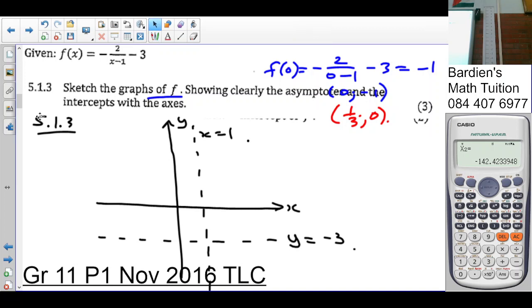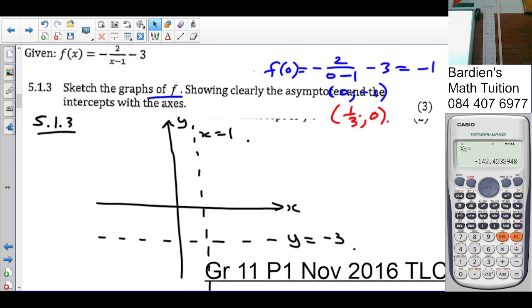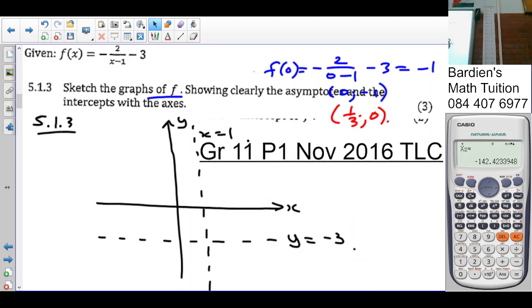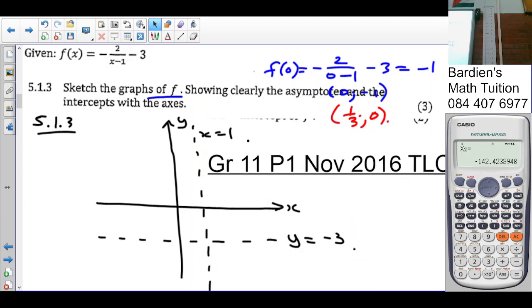Okay. Then we have your y-intercept at negative 1 and at a third on your x. Okay, so the graph is going to come through like that.